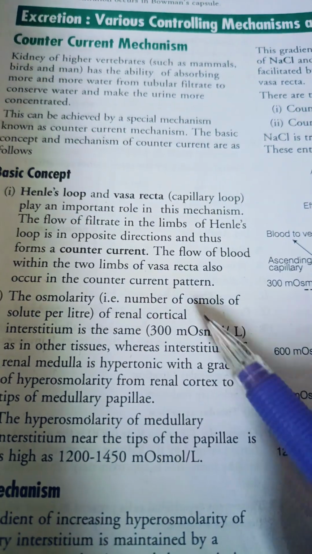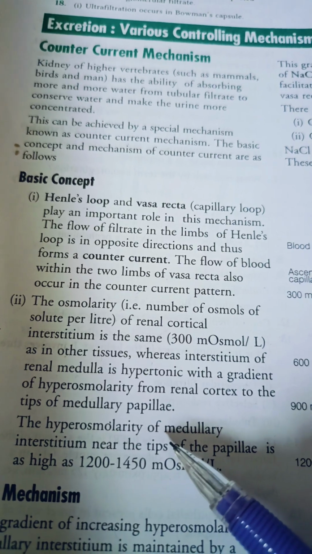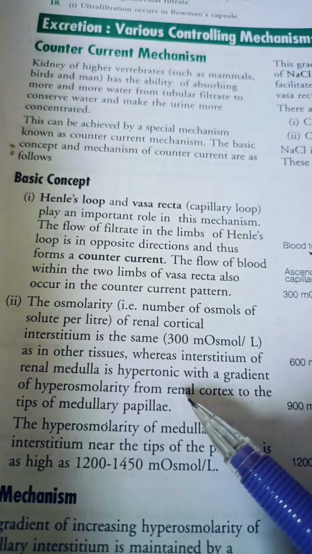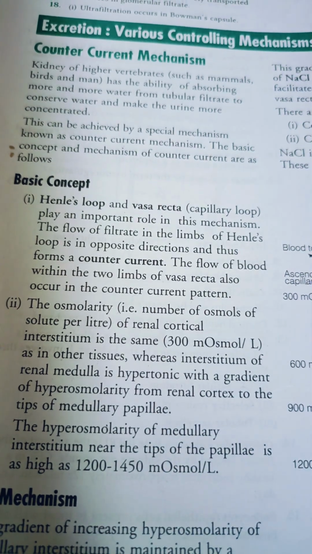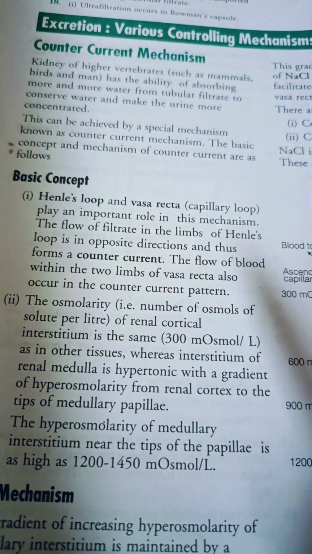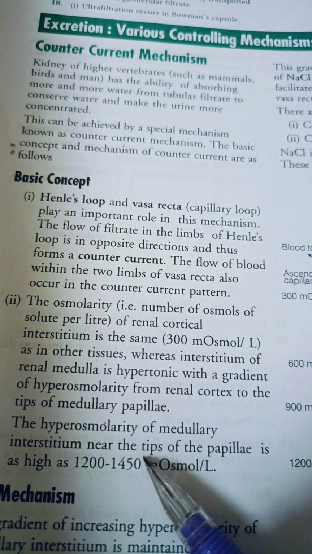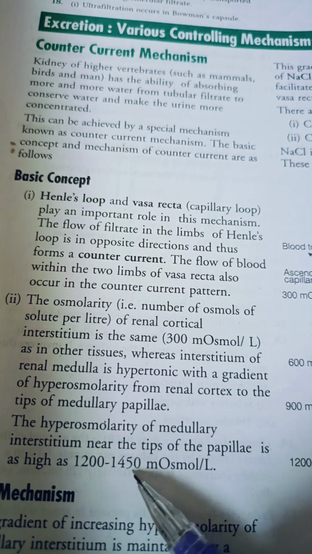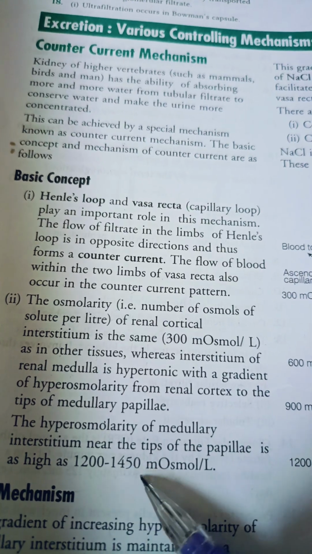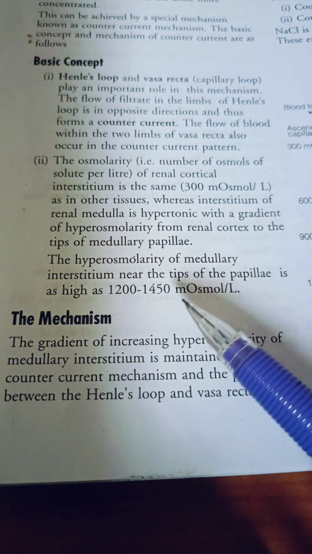Due to this difference in gradient of hyperosmolarity, the water is conserved, that is, the water is taken inside the cells. The hyperosmolality of the medullary interstitium near the tips of the papillae is as high as 1200 to 1450 milliosmoles per liter. Now we will see the mechanism.